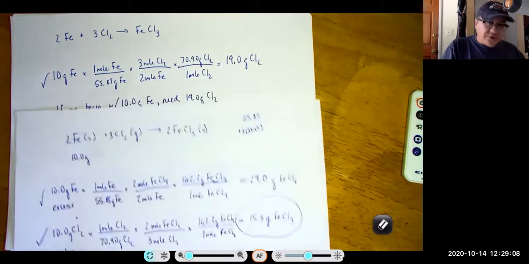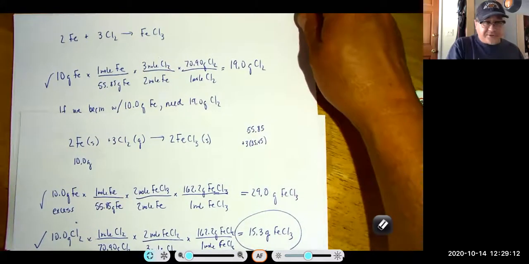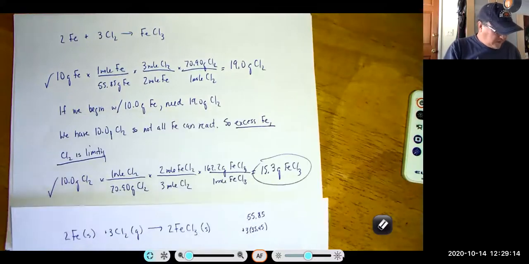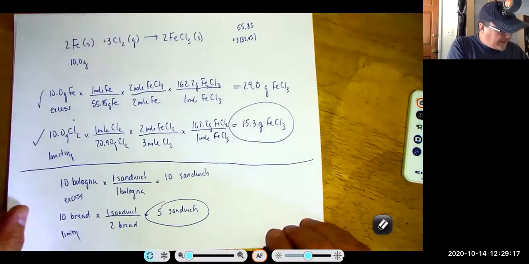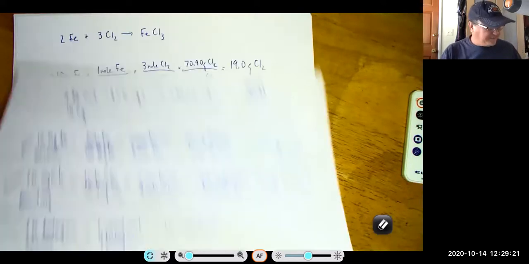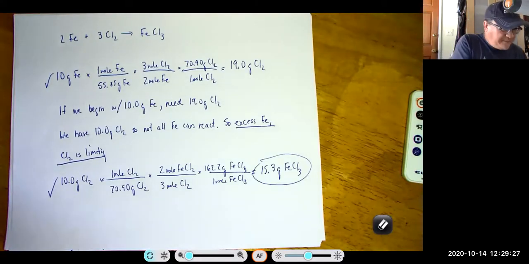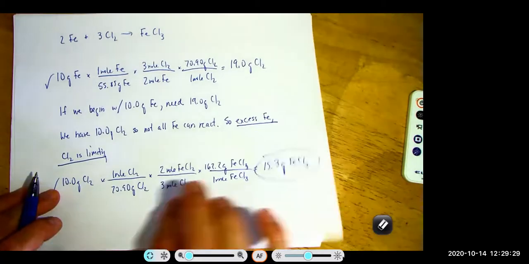As far as what turned out to be excess and what turned out to be limiting, we got the exact same answer. So which way is better? And the answer is whichever one is easier for you to understand and put together. Are you with me? Yeah. Okay, so that's the deal.